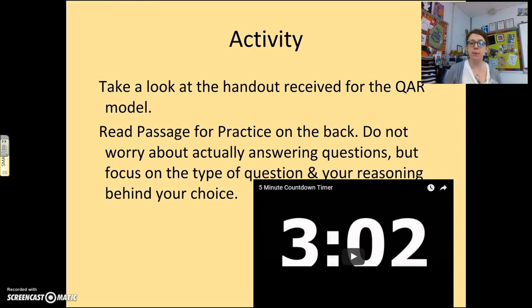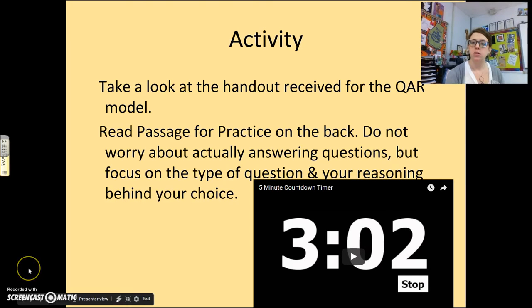Okay, so what I would like you to do, and I'm going to ask Mr. Lammers to hand out this activity. I have a handout for you, and it has more information about the QAR model. So first, what I'd like you to do is take a look at those different types of questions that are listed in there. It will be extremely helpful whenever you're actually implementing these different strategies into your lessons for the remainder of the day.